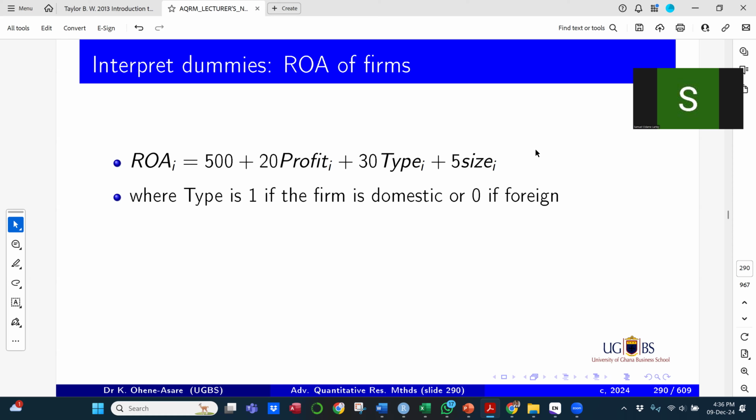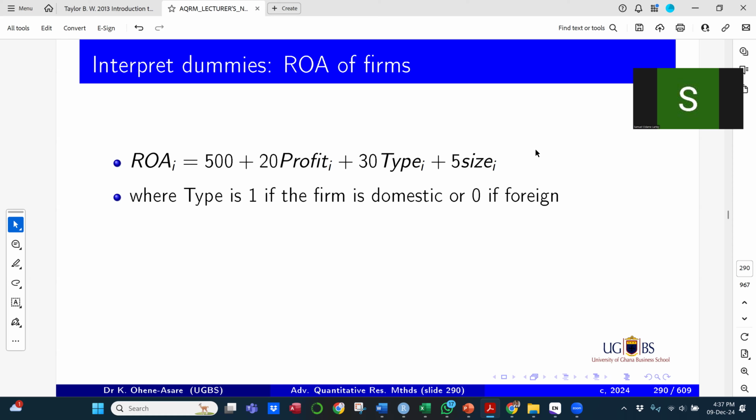On average, given profit and size, the ROA will be 30 times more if domestic as against foreign. If what domestic as against foreign? If type is domestic as against foreign. Type of what? So type of firm is domestic. So why don't you make that English? It's like you are stuck with some grammar. Okay, you are the one who has come the closest.